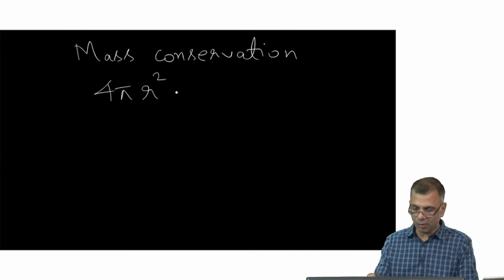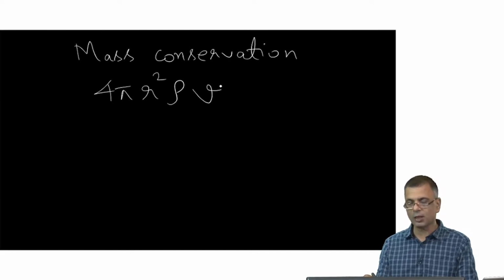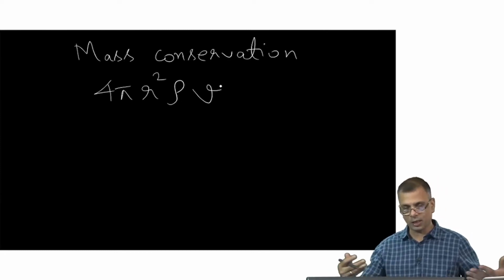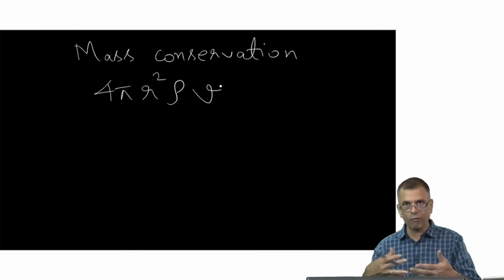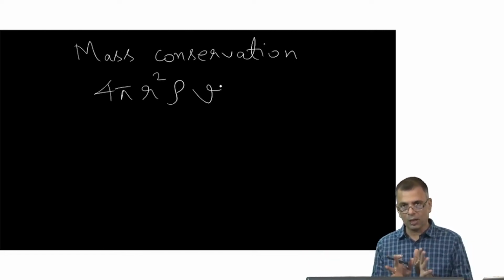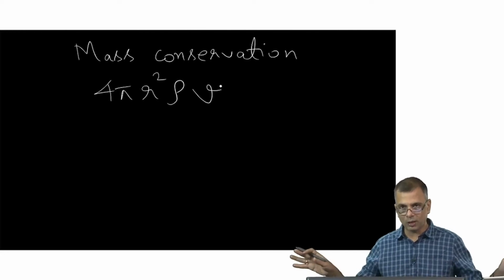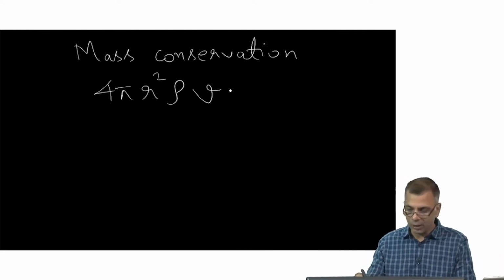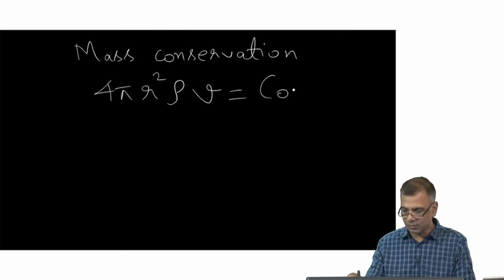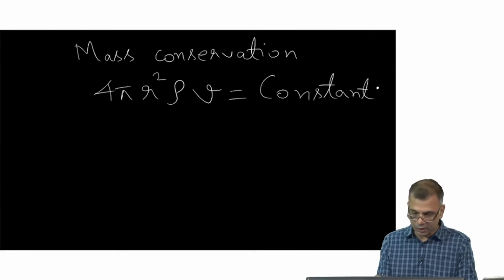That's the area, and this is the mass density, and this would be the velocity. The velocity can have either sign: either it's accretion, which would be infall, or it's solar wind, in which case it's an outflow. Either way, this is constant. As we remarked the last time, this is the area, this is the mass per centimeter cubed, and this is centimeter per second.